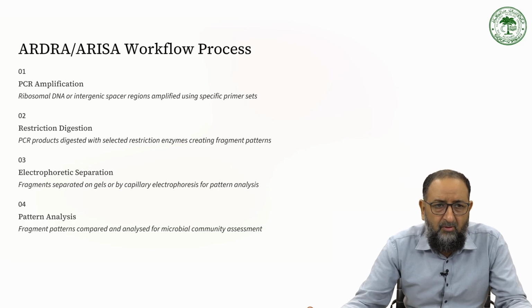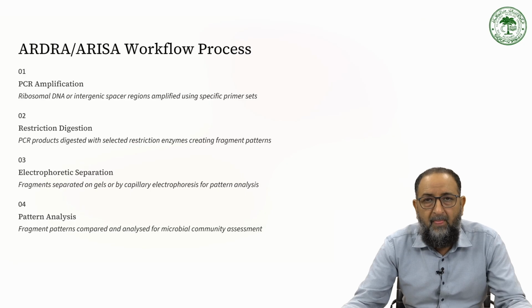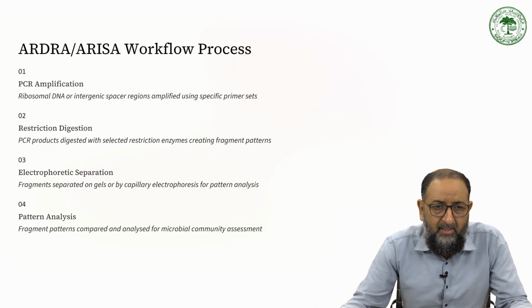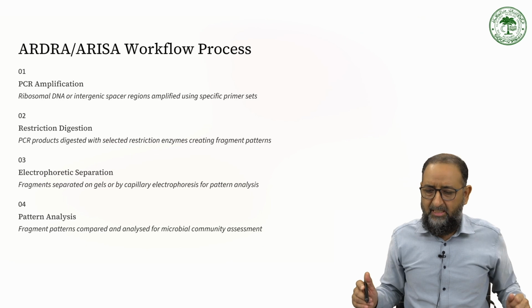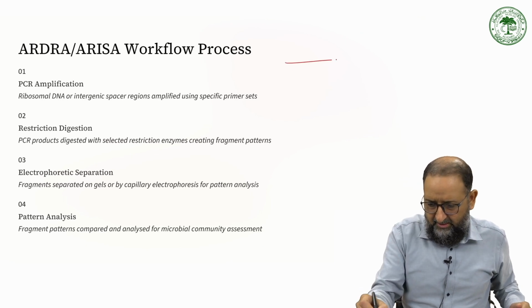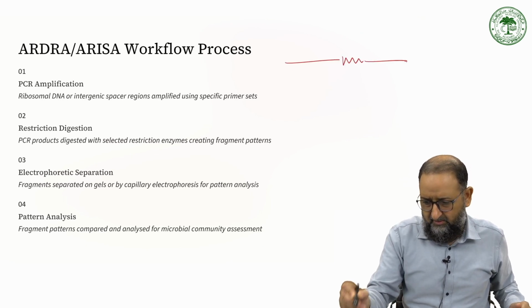Again, the workflow of ARDRA or ARISA is the PCR amplification of ribosomal DNA or the intergenic spacer. Now, what is the intergenic spacer? So this is the intergenic spacer like this.